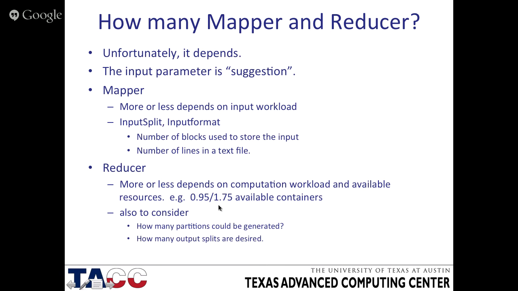And the other idea says it may be better to generate 1.75 times as many reducers as your maximum number of containers. So guess what will happen when you do this? The maximum number of available containers decides how many reduce tasks can run at the same time, right?